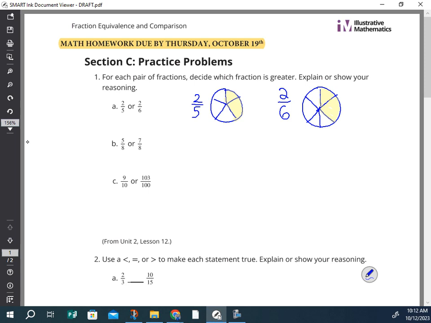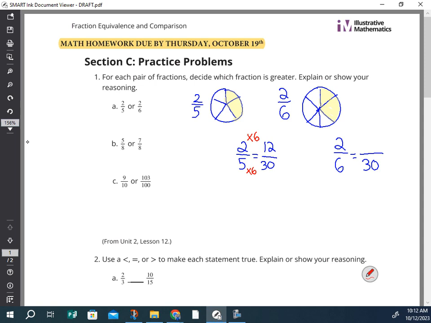I'll just do that down here. So if I make a fraction with a common denominator that they both have in common, I know 30 will work. And if I times 5 by 6, I get 30. So then if I times the numerator, the 2 by 6, I get 12.